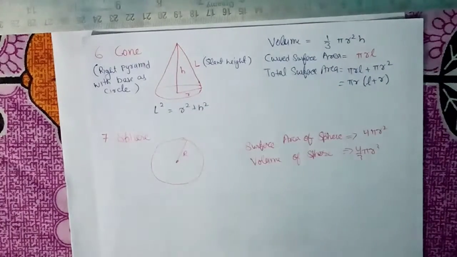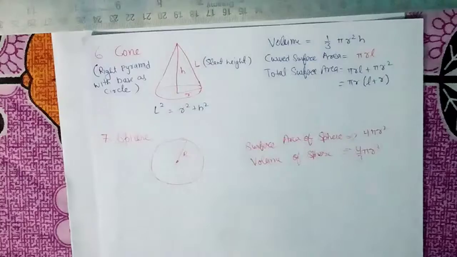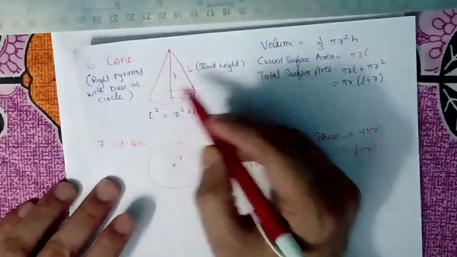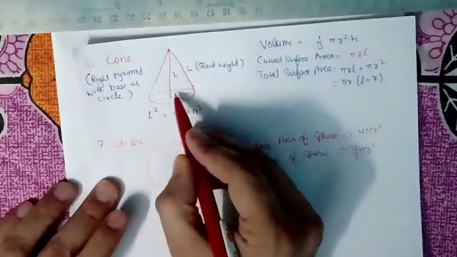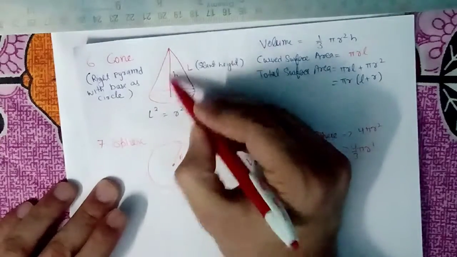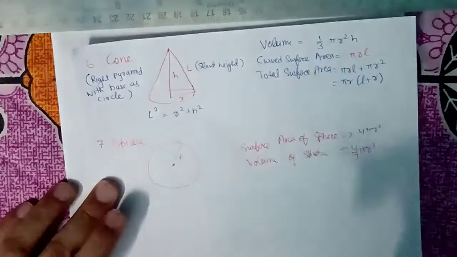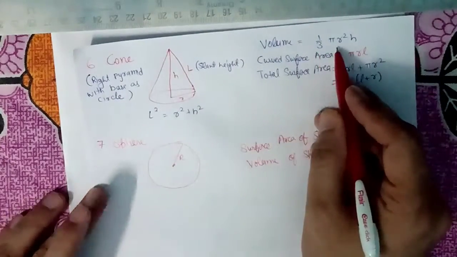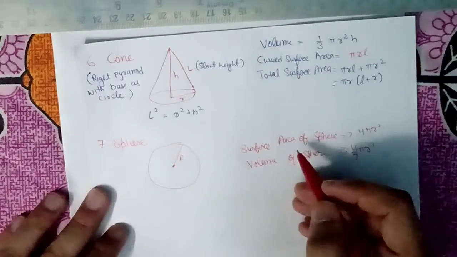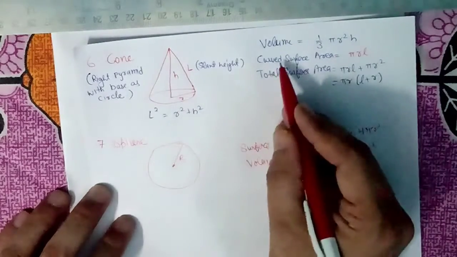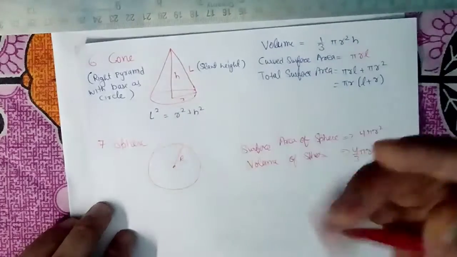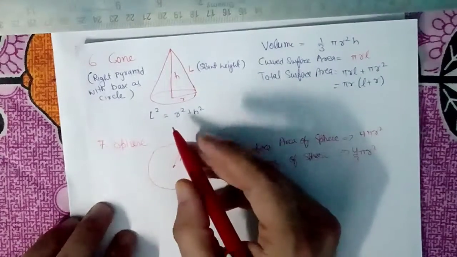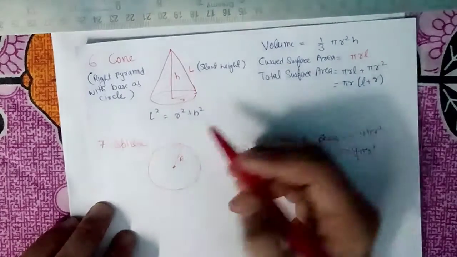A cone is a type of pyramid which is circular. The volume of the cone is 1 by 3 into area of the base into height of the cone, which is 1 by 3 pi r square h. For the curved surface area of a cone, for example, you are having a soft serve cone, which is a type of cone.